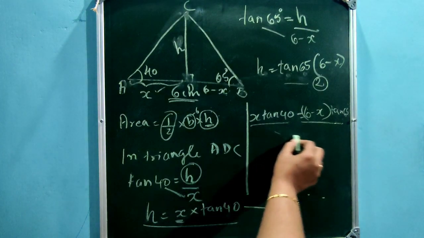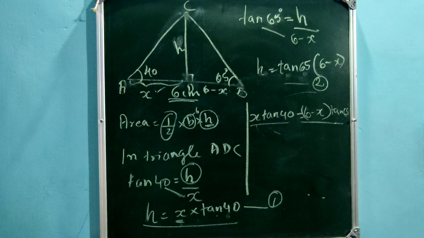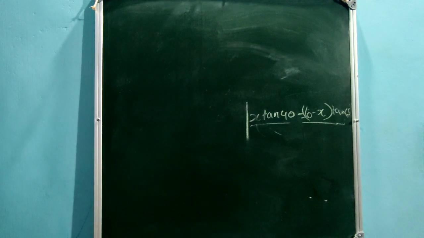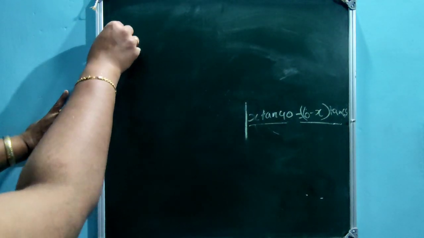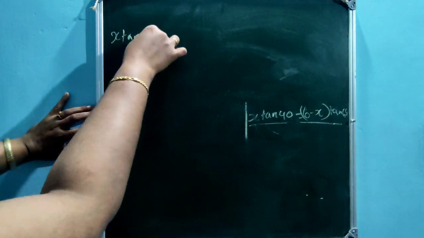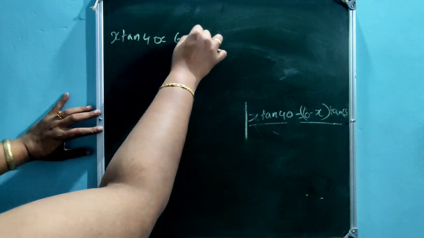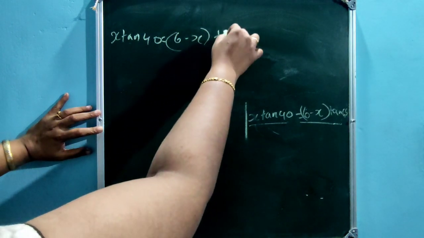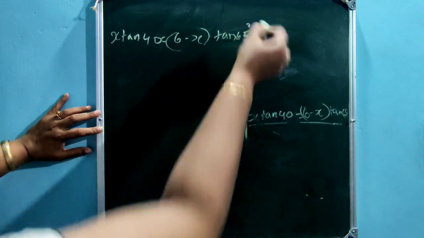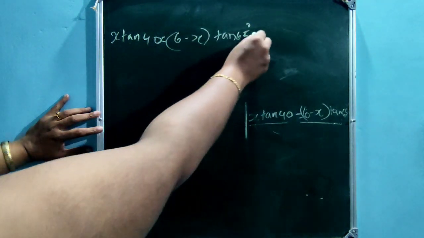Now we just solve this equation. Okay, let us solve this. So here I am going to rewrite this equation, that is x tan 40 is equal to (6 minus x) into tan 65. Just expand this.